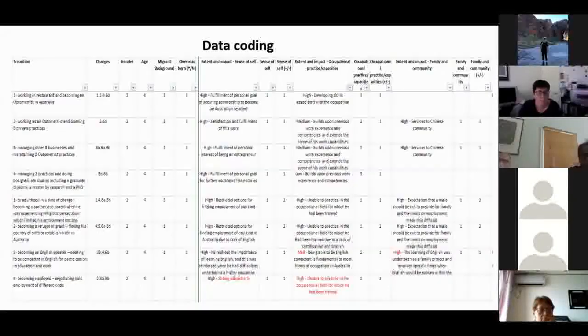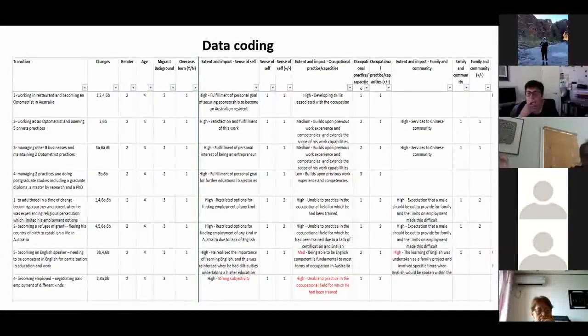In the first column we have the transition, and in the second column we have change. The reason you can see A, B, Cs there is that, in addition to the six kinds of changes, we identified sub-changes and subcategories as well.